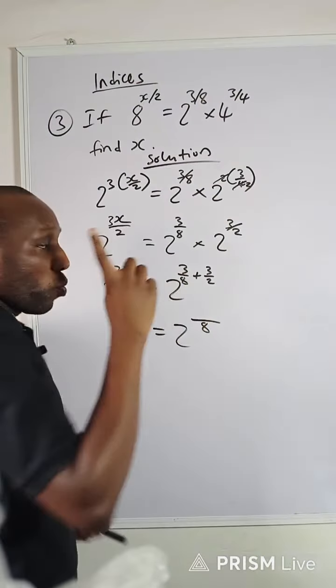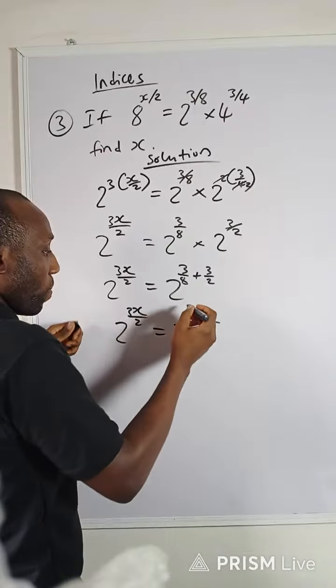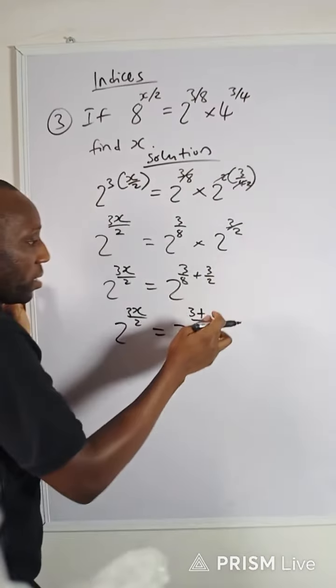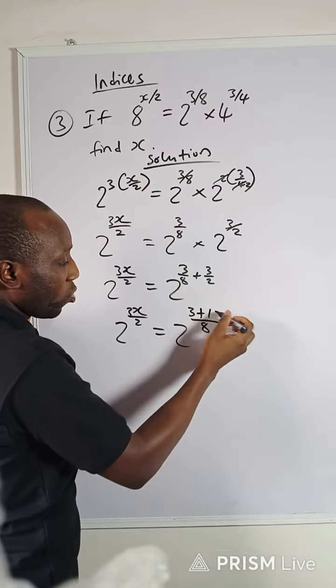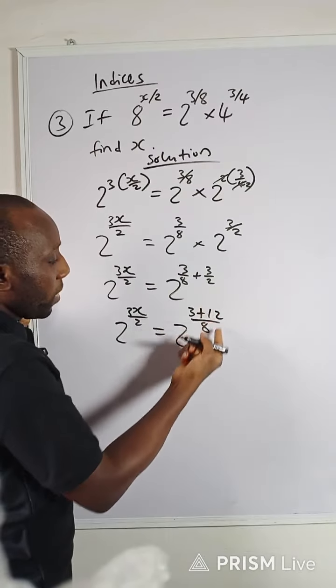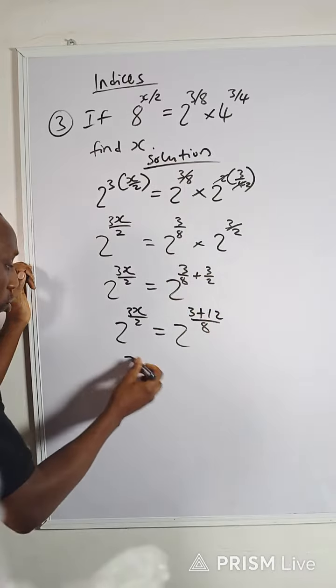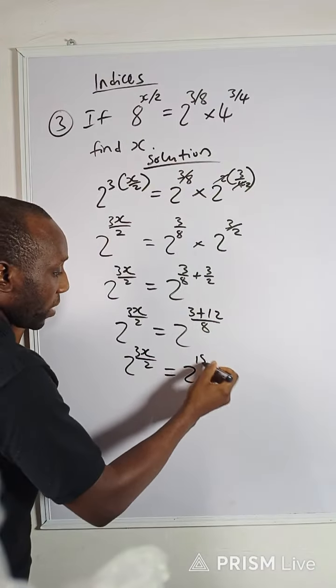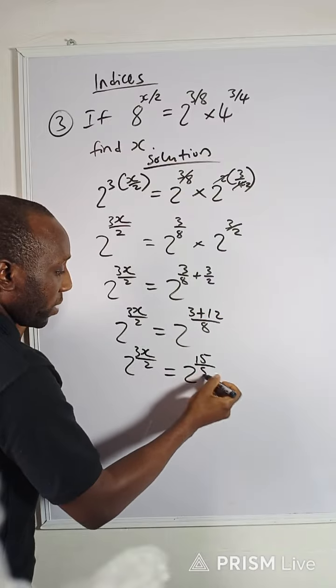So 8 into 8 is 1, 1 times 3 is 3, plus 2 into 8 is 4, 4 times 3 is what? That's 12. I hope you are still with me. So you have 2 to the power of 3x over 2 is equal to 2 to the power of 15 over 8. 3 plus 12 is 15 over 8.